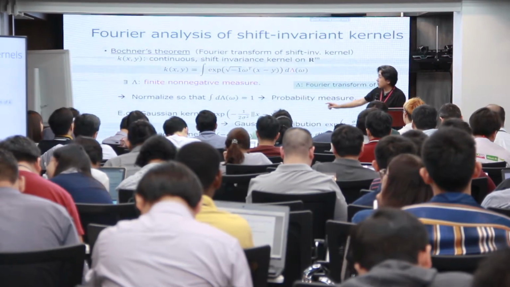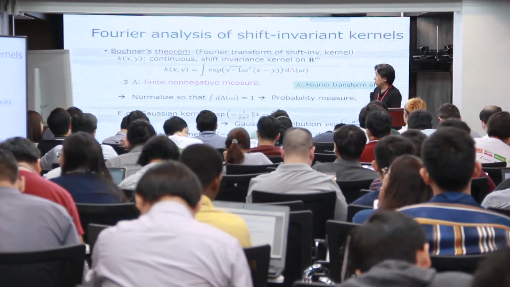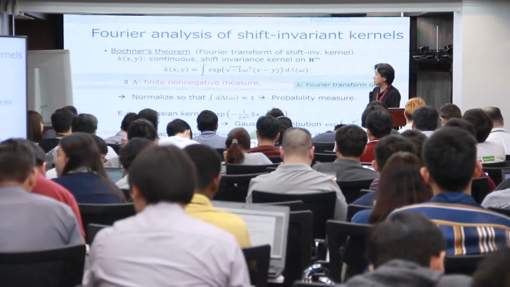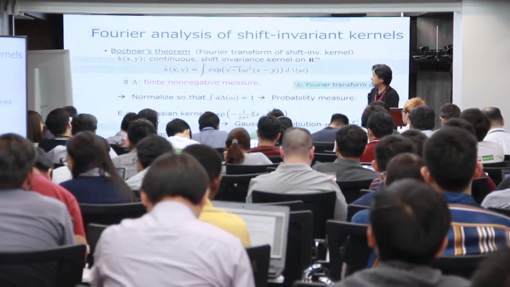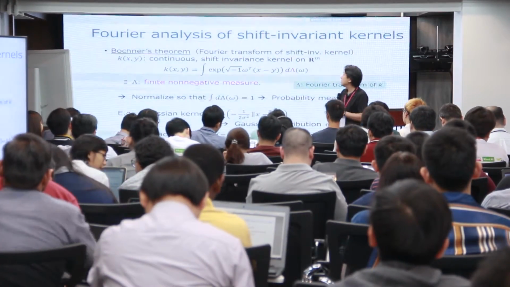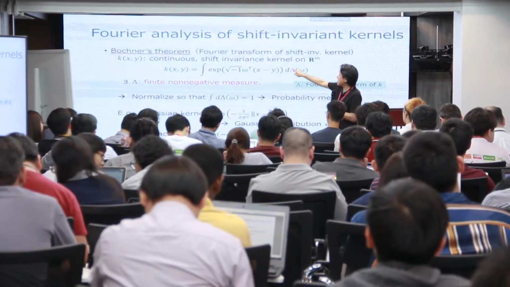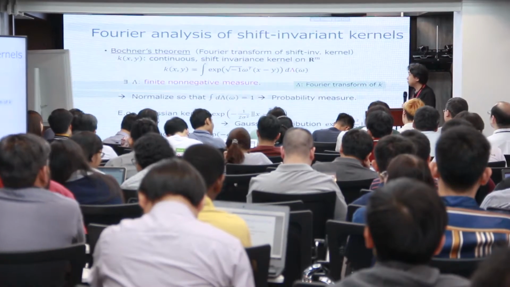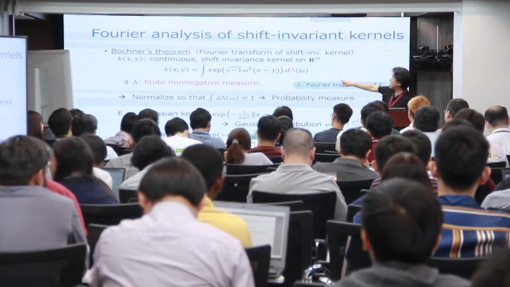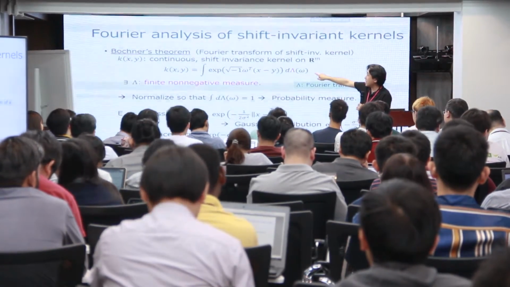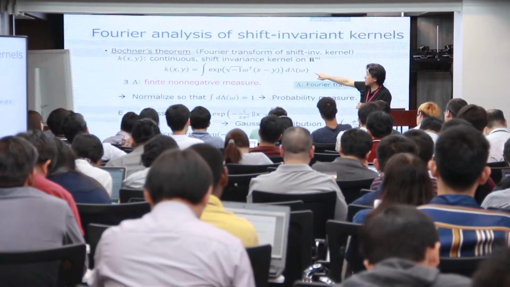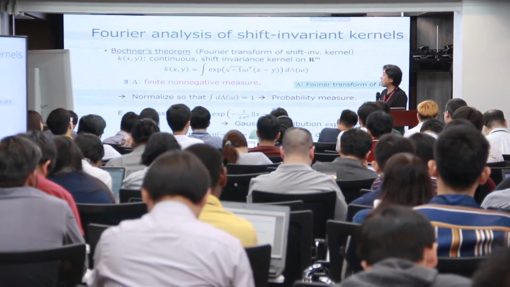And for this class of kernel, it is known that if we take the Fourier transform of the kernel in terms of x minus y, we have a non-negative function as a Fourier transform. And this is writing K in terms of the Fourier inversion formula.